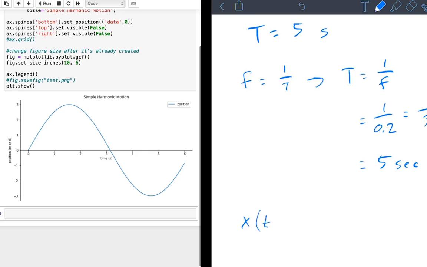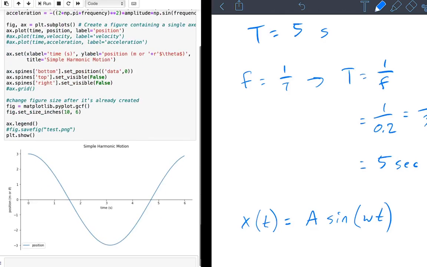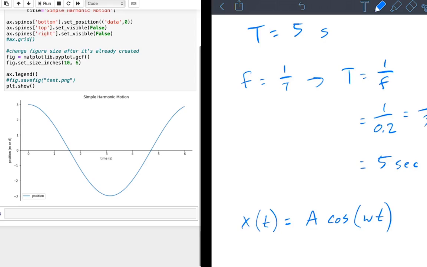We'll say x of t is the amplitude sine omega t, equilibrium at 0. So it starts at 0. Actually, I want to do cosine. Yeah, so we're going to change this to cosine. Okay, so let's draw our little picture again.